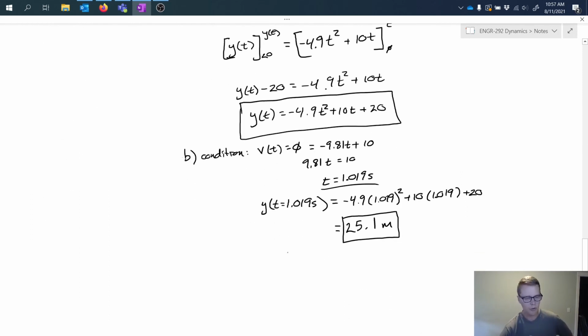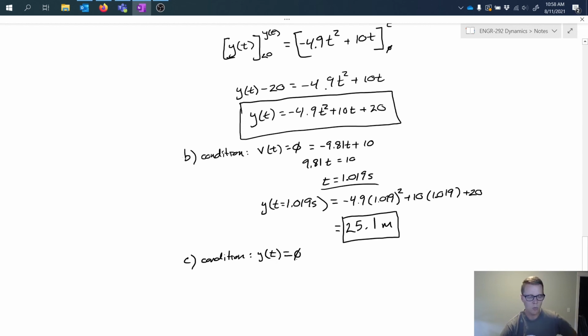All right, the third question then is when will it hit the ground? So again, we want to think about what is the condition of this situation. The condition that you've hopefully set in your heads or thought about is that the position at the time when it hits the ground is going to be equal to 0. So we've defined ground as 0, and therefore that's the case that has to happen.